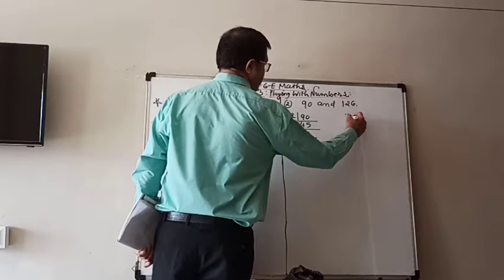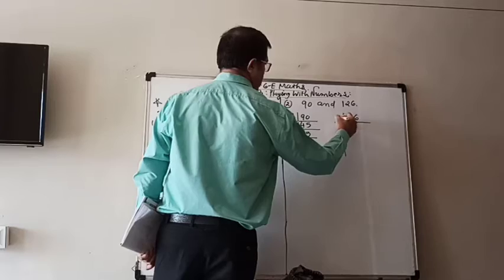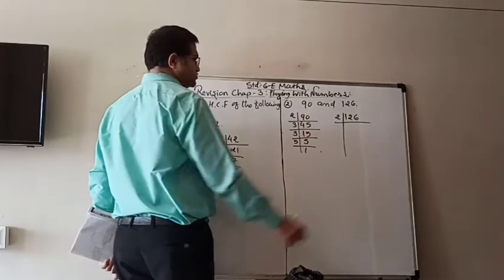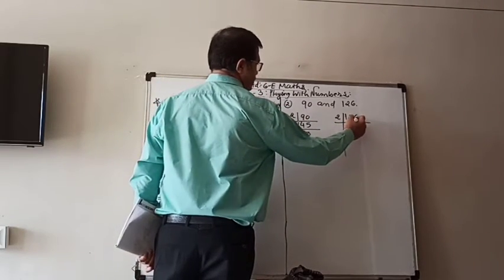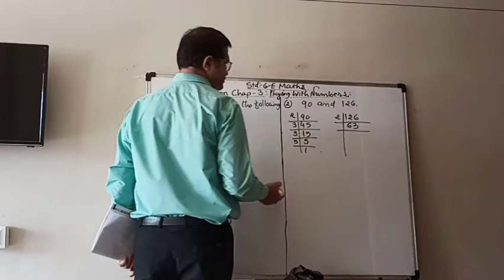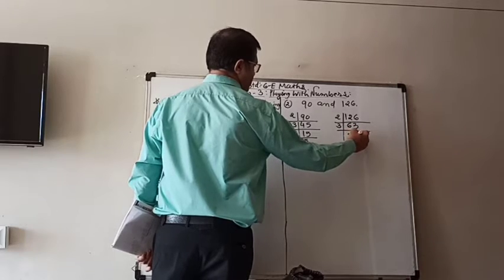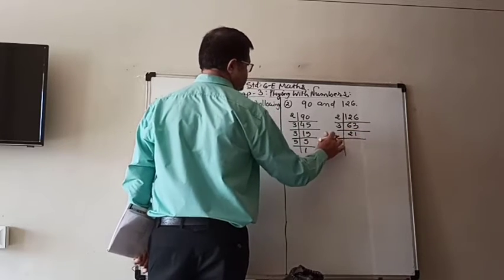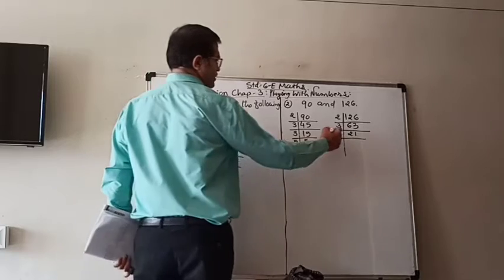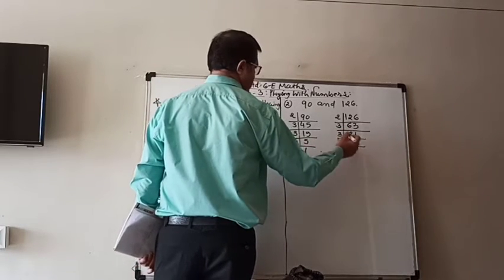Then 126, because it is an even number. 2 63s are 126. 3 21s are 63, 7 3s are 21 and 7 7s are 7.